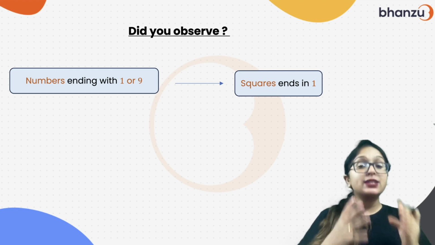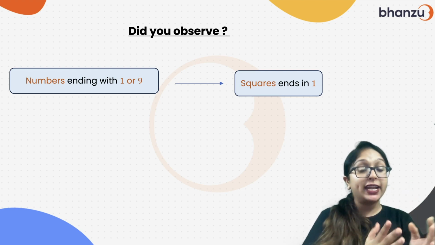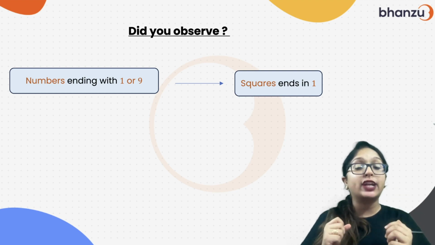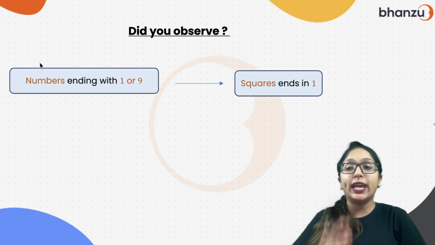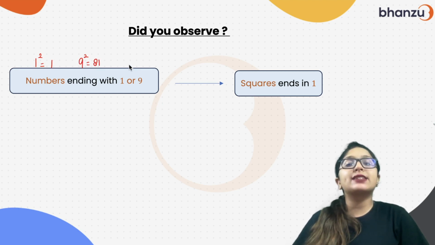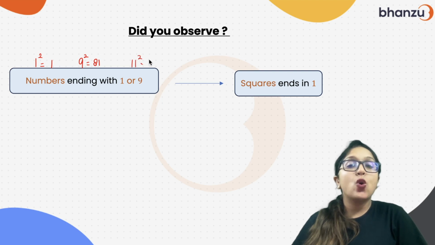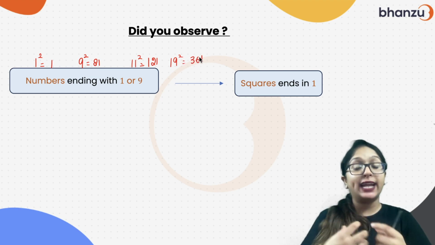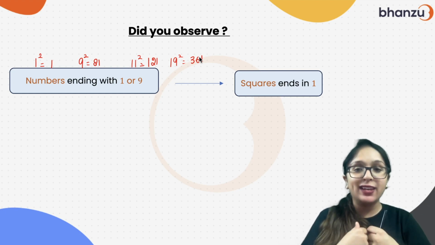That is, the numbers that end with 1 or 9, their squares end with 1 only. Do you want to check it with a few numbers? Let's check it. Let's say 1 square is 1, right? 9 square is 81. 11 square is 121, right? 19 square is 361. All the numbers that end with 1 and 9, their squares are ending with 1, right?